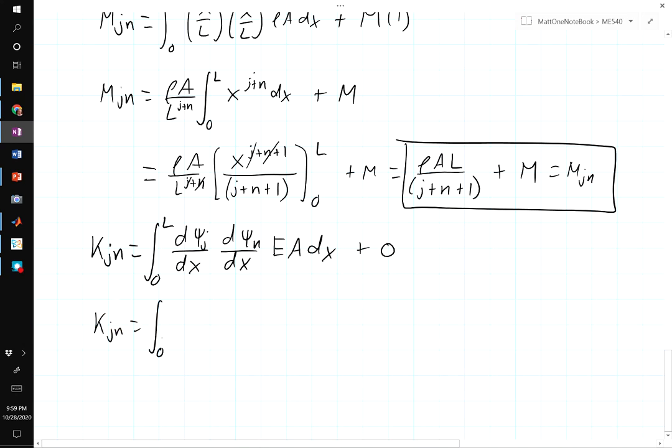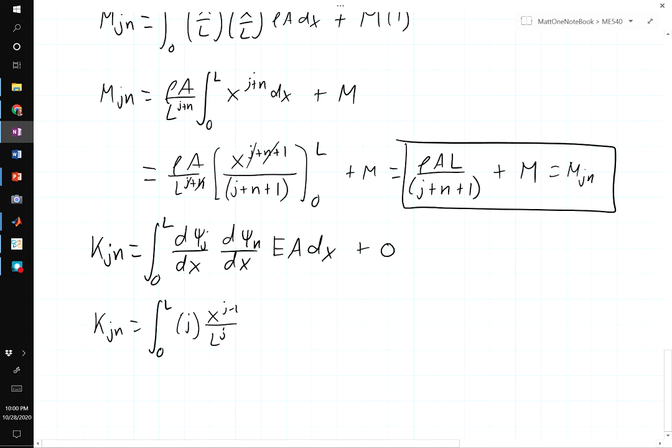In this case, we need to take a derivative first. So if we had x squared, the derivative would be 2x, right? We pull down the exponent, we reduce the power by 1. So x to the j would give us j x to the j minus 1, and L is still L to the j.